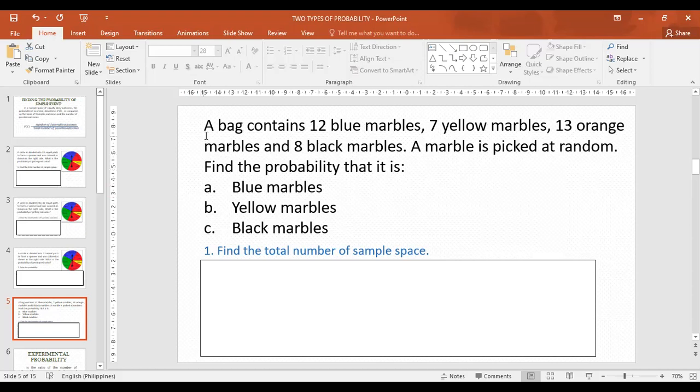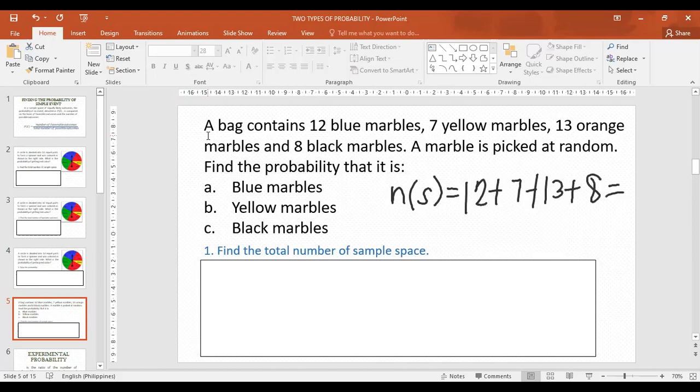Okay, so before we solve for the blue marbles, let's get first the number of the sample space. So n is equal to 12 plus 7 plus 13 plus 8.